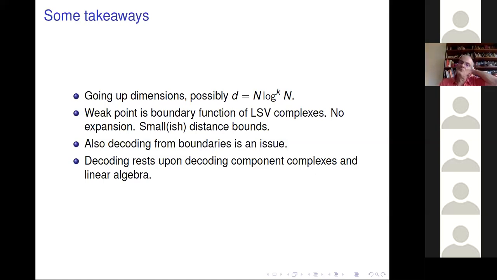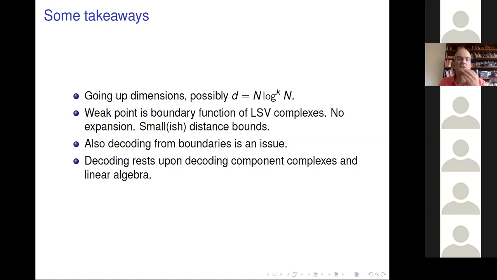All the same arguments would work, except that it's not clear whether these subcomplexes of the multidimensional LSV complexes would have non-zero homology. If it were possible to prove that, then we would have these slightly larger distances. And by the way, these distances are lower bounds. It's not clear whether they really are going to be exact or not.